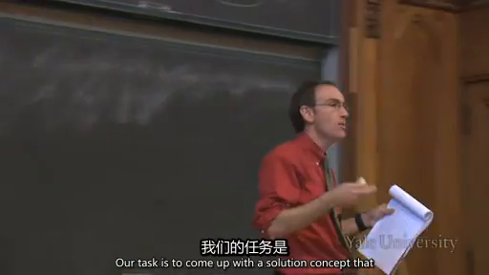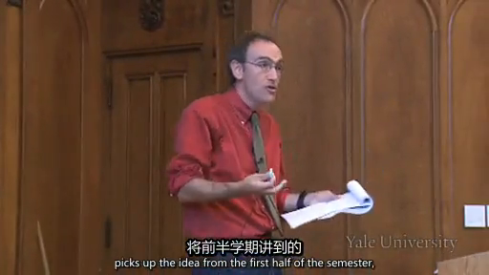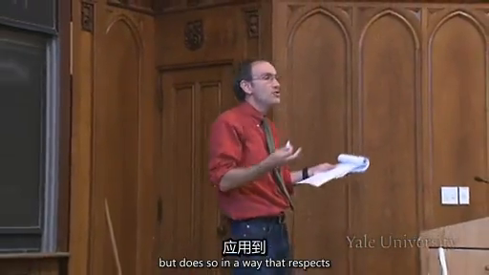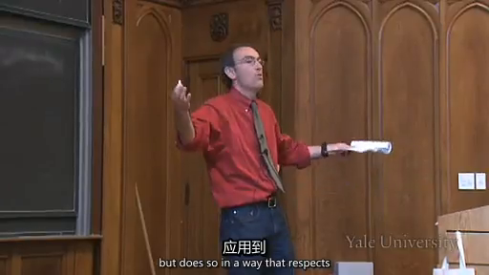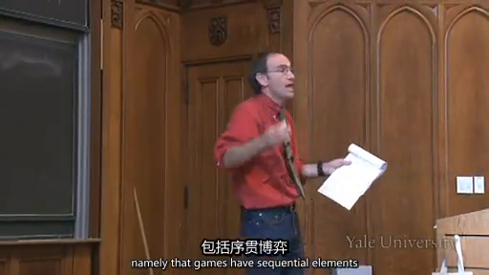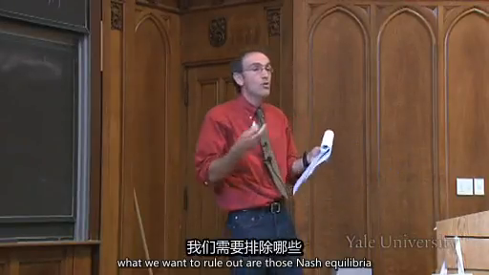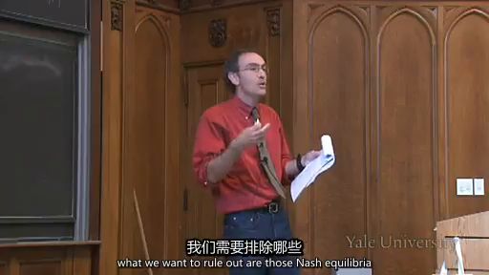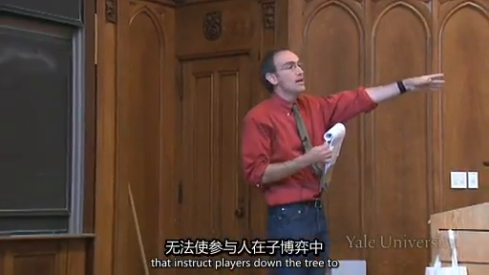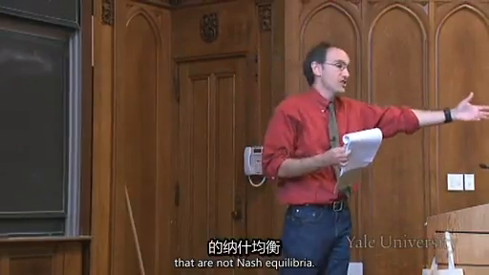Our task is to come up with a solution concept that picks up the idea from the first half of the semester, namely Nash equilibrium, but does so in a way that respects what we've learned in the second half of the semester, namely that games have sequential elements and people move by backward induction. So in particular, what we want to rule out are those Nash equilibria that instruct players down the tree to play in subgames according to strategies that are not Nash equilibria.